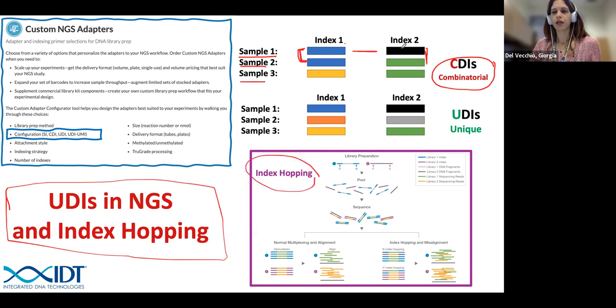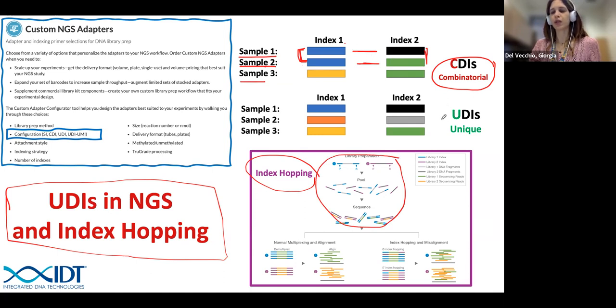If this black index here somehow ligates to any fragment coming from sample 2, I will have a misassignment of the read, because now it looks like the fragment is coming from a different sample, sample 1. So the combinatorial approach is not saving you from index hopping.